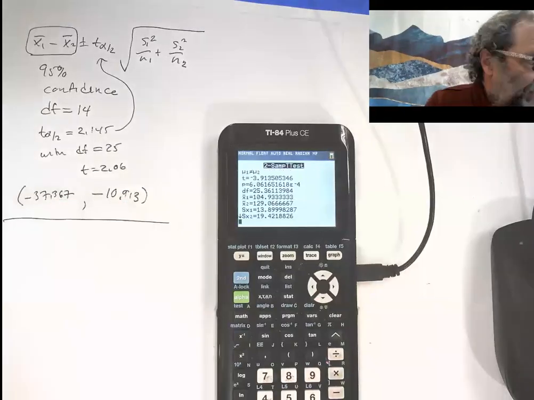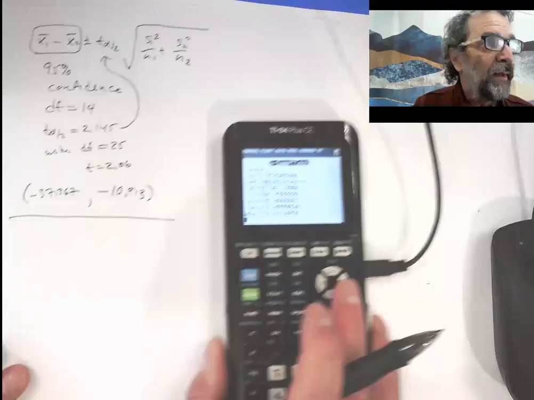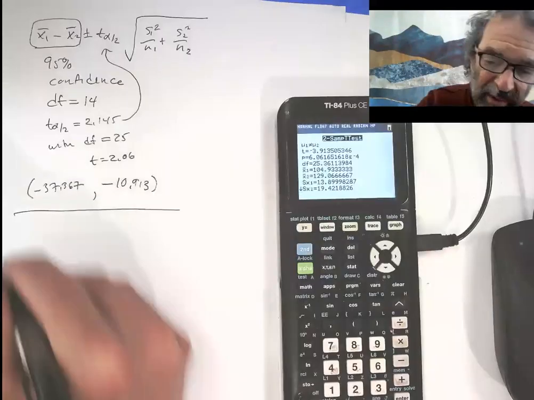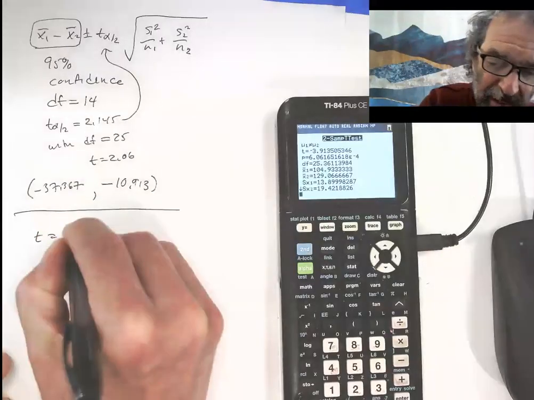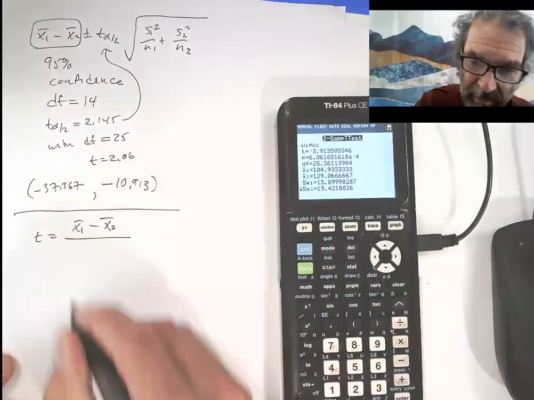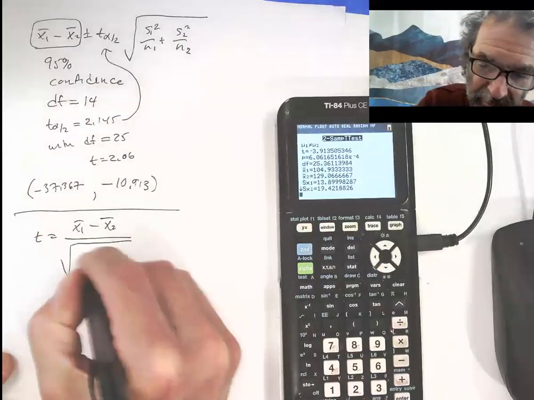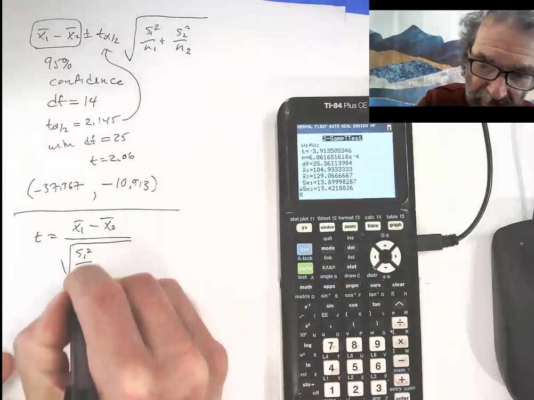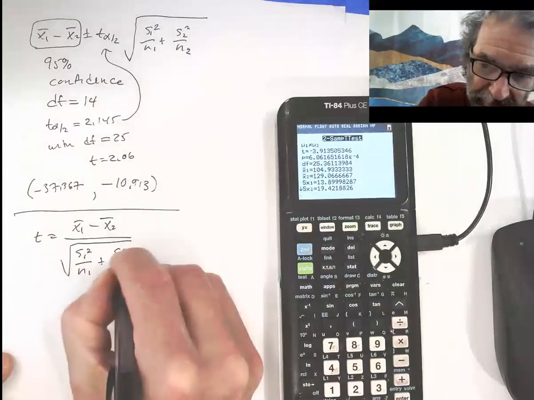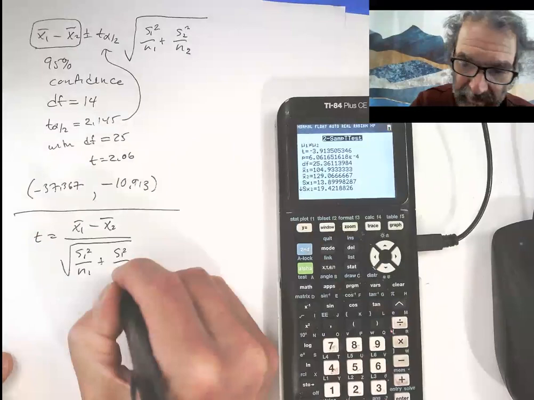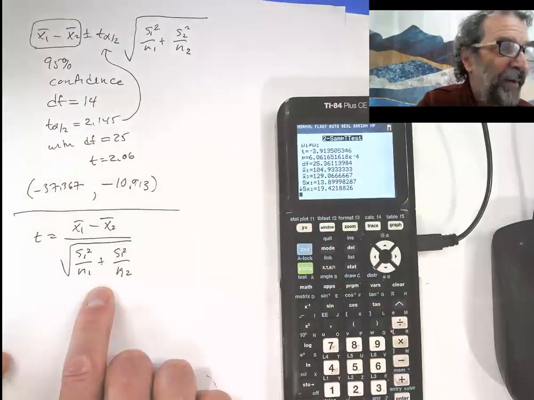Okay, and then we're going to do the by hand version of t, which is x1 bar minus x2 bar over square root s1 squared. I'm looking at this and going, I've got this already entered in my calculator. Maybe it's still there.